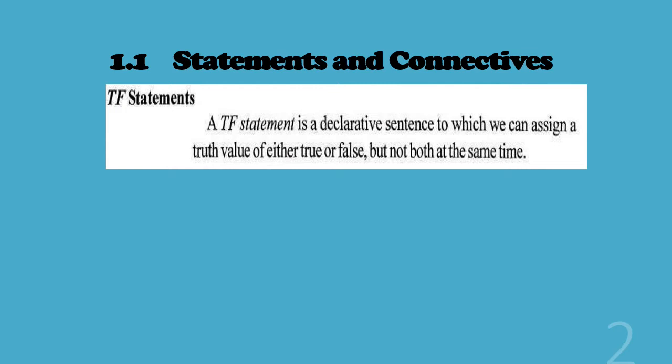TF stands for true-false. So a true-false statement is a declarative statement to which we can assign a truth value of true or false. But you can't have them both at the same time. You can't say a statement is both true and also false.